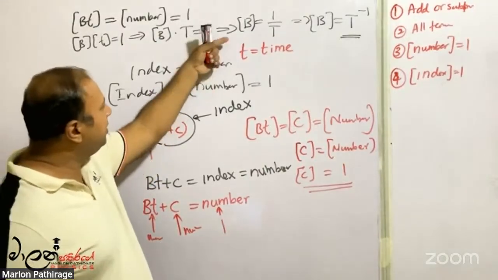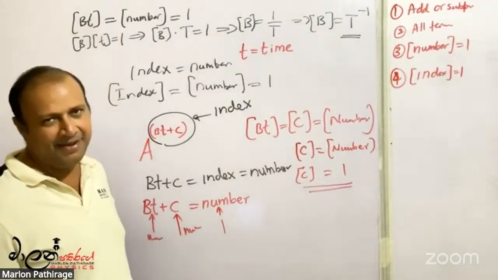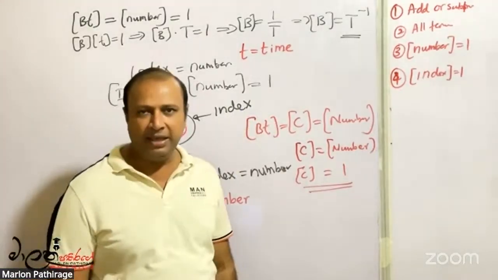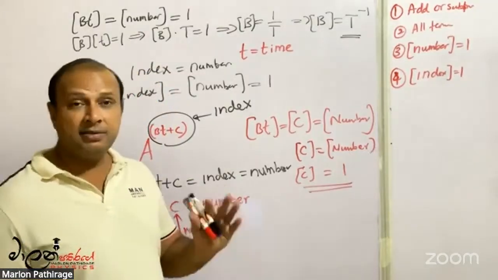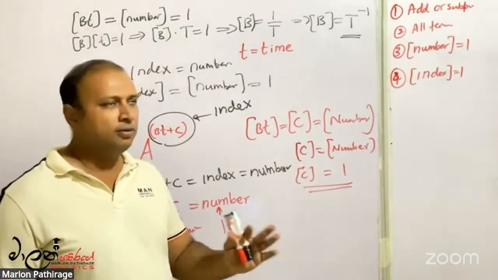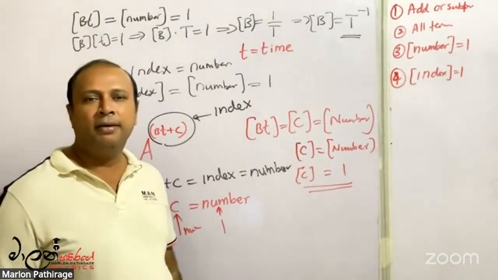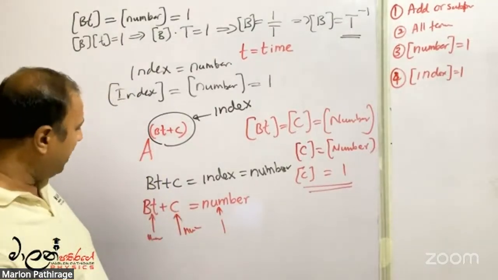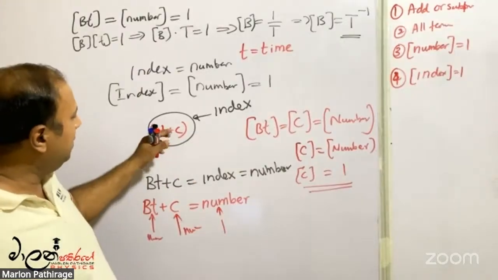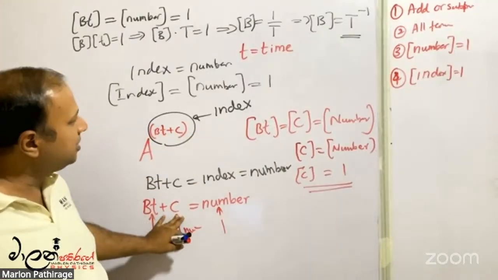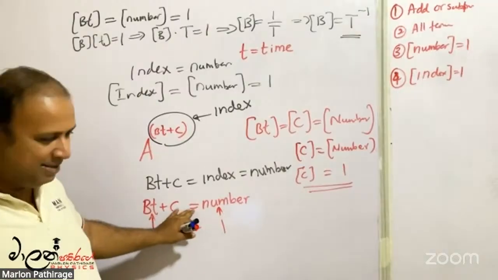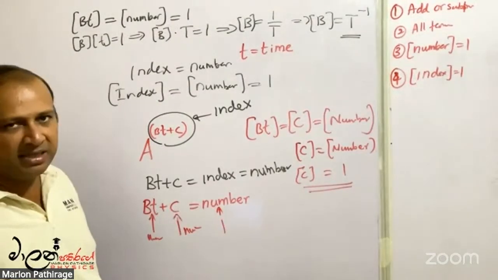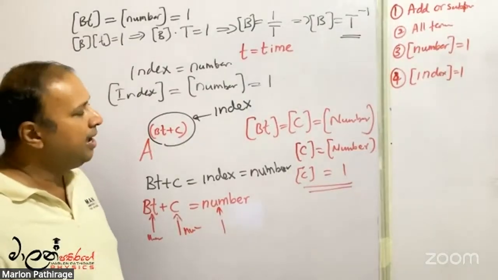So we have determined the dimension of B. In that case, I used the fourth rule, but there are some questions where we have to use more than one rule. Not only the fourth rule, but also I used the second rule. Most of the cases we have to use the first rule as well as the second rule.